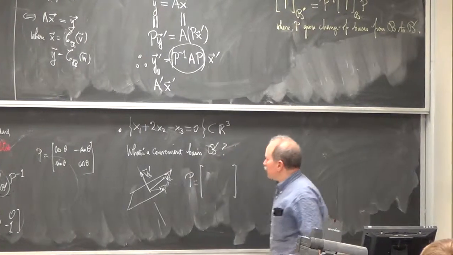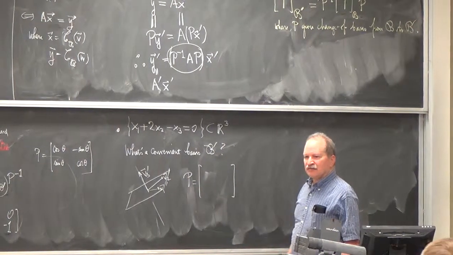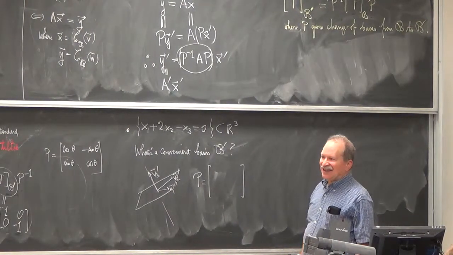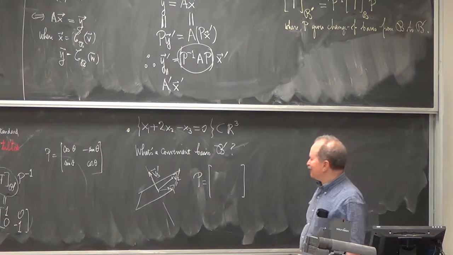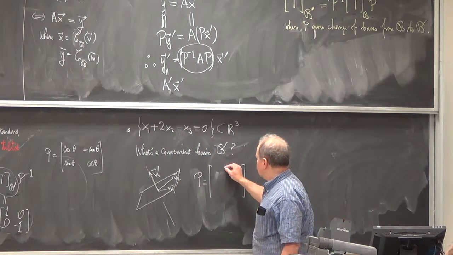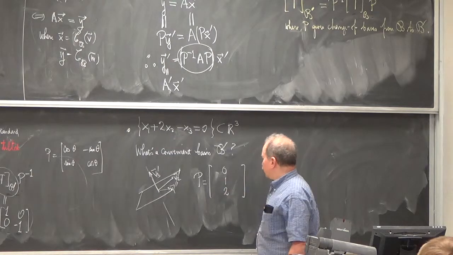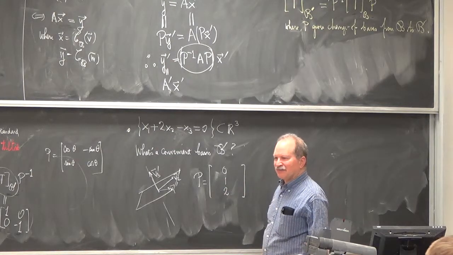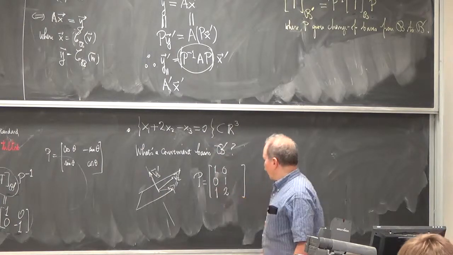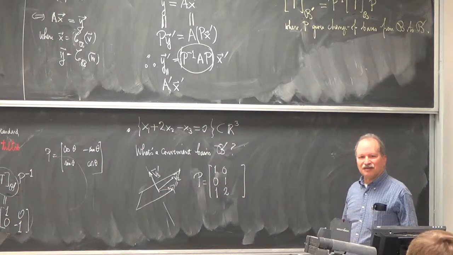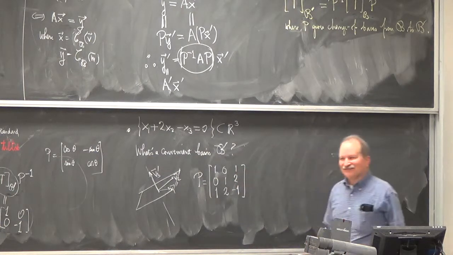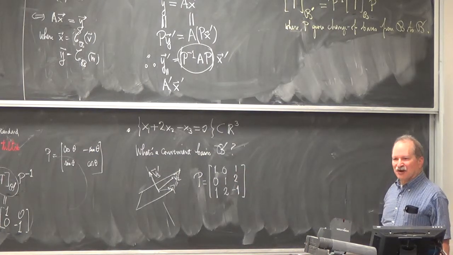Give me a vector that's in the plane. 0, 1, 2. Give me another vector that's in the plane. 1, 2, 0. Now give me the vector perpendicular to the plane. 1, 2, negative 1. Right? Read it off from the equation of the plane.